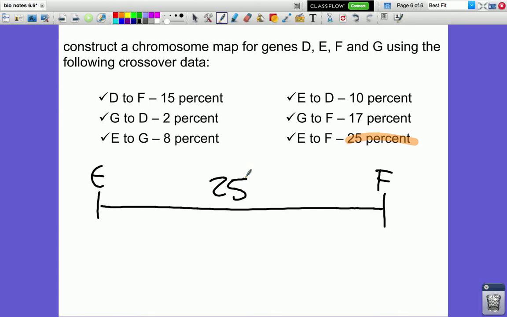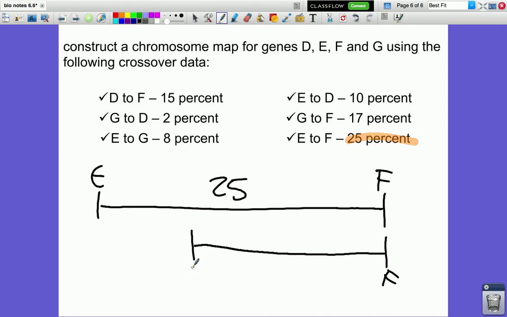So like I said, you start from outside and work your way in. The next biggest crossover frequency is that 17% between G and F. So I know that G is going to be 17 map units away from F. If I start from F and I work to the left and I go about 17 map units, it's okay if it's not perfect.